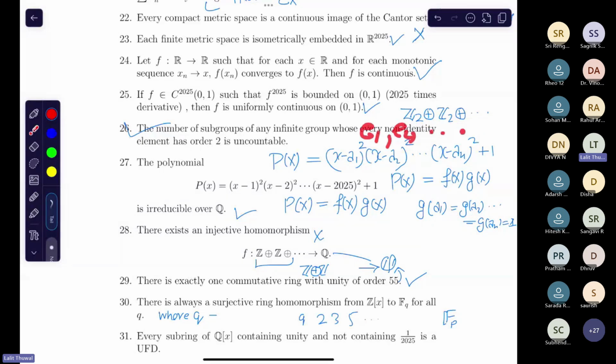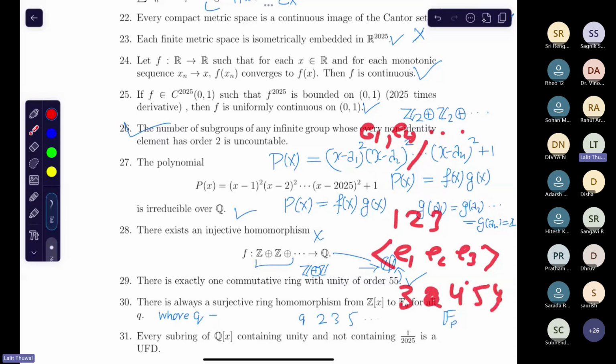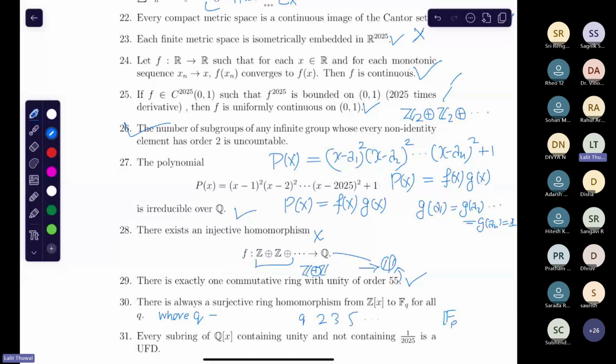And take any subset of natural numbers corresponding to that. Say if you take 1, 2, 3, then take the subgroup generated by e1, e2, e3. And if you take the subset 3, 4, 5, then consider this one. Then for any subset of natural numbers, you have a subgroup, right?